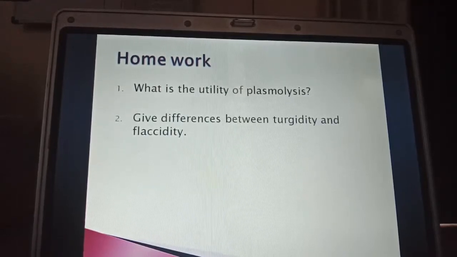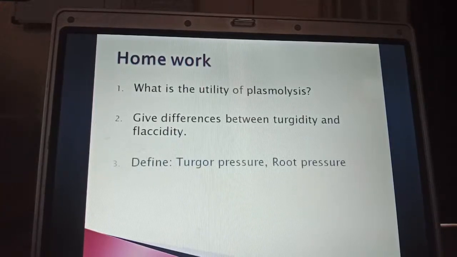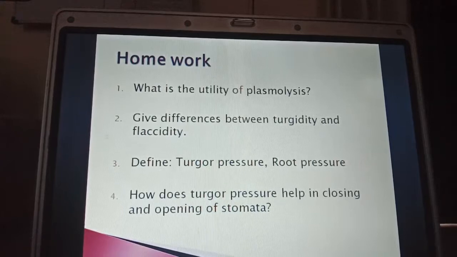Second question, give differences between turgidity and flaccidity. Third question, define turgor pressure, root pressure. Fourth question, how does turgor pressure help in closing and opening of stomata?